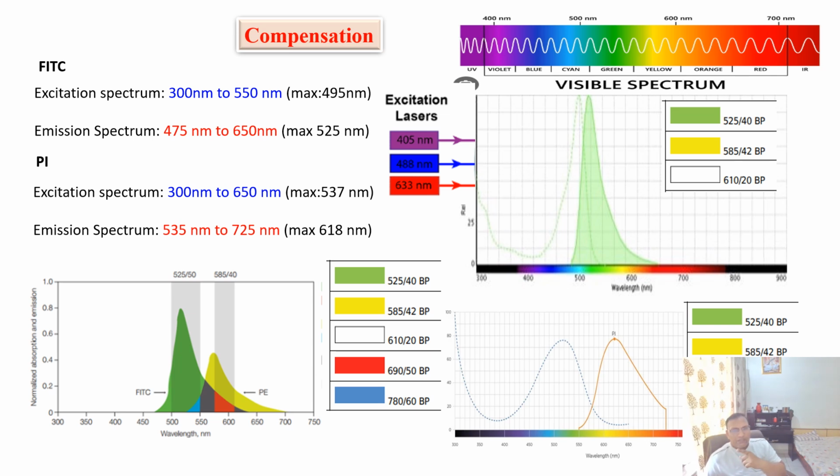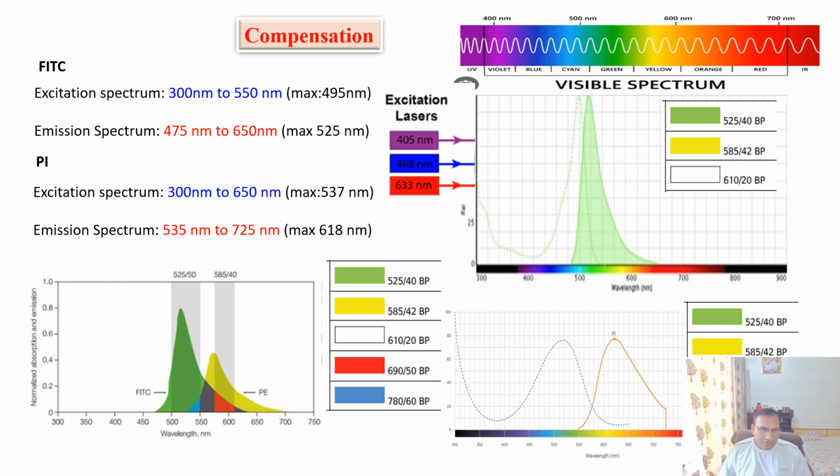When we add 525 plus 20, it is 545, so it comes into this range. That means the green filter or FITC filter can also detect PI. So here is the overlapping of the emission wavelengths of FITC and PI.